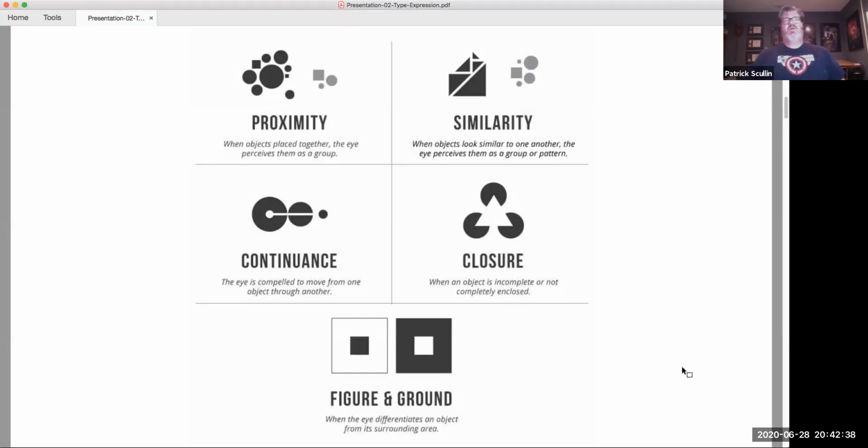Proximity, similarity, continuance, closure, figure, foreground, and background. In other words, when we see things, we can interpret and read symbols and symbolism, and we can find meaning in those graphics. This is actually why logos work, because we can construct a design and we can see multiple things in that design.